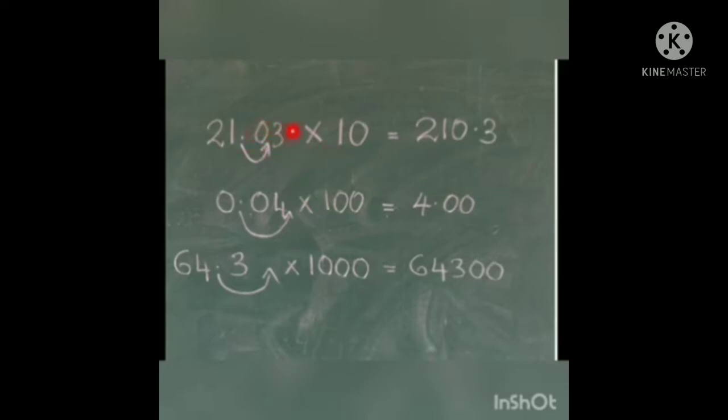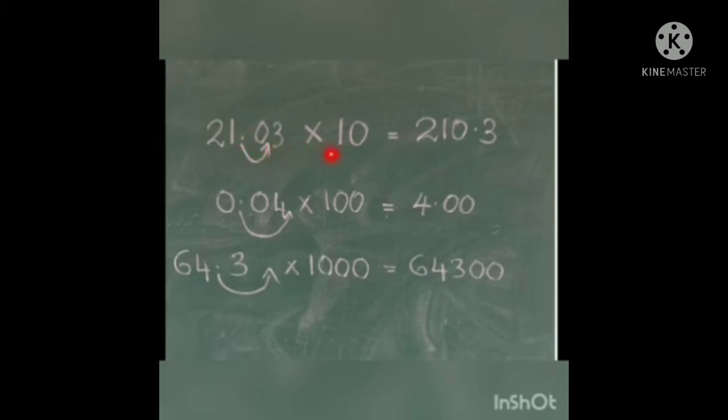The point shifts to the right position. That position depends upon the number you are multiplying. That is, in 10 you have 1 0. So, the decimal point shifts one place. That is, from here it shifts one place to the right.